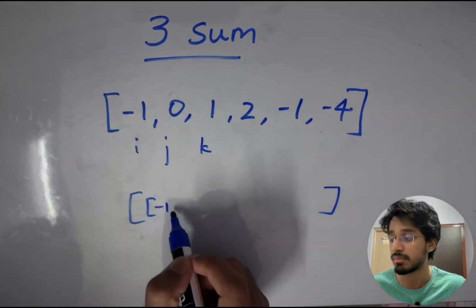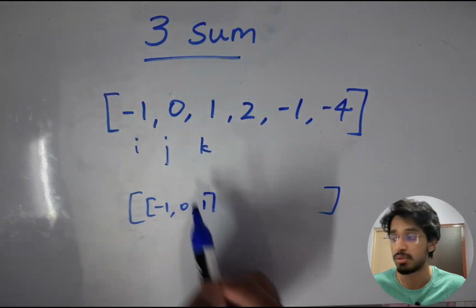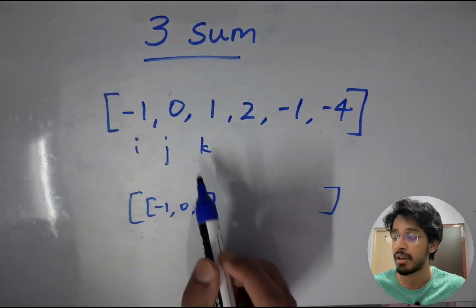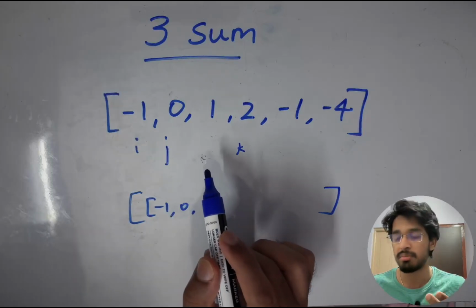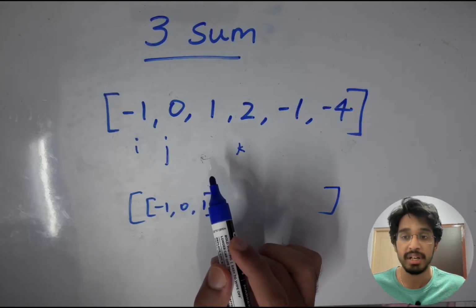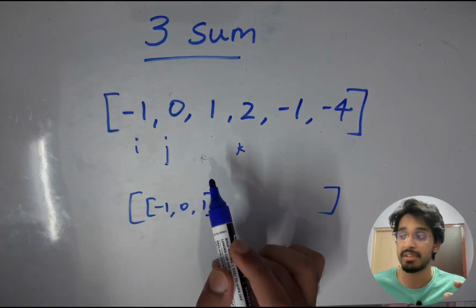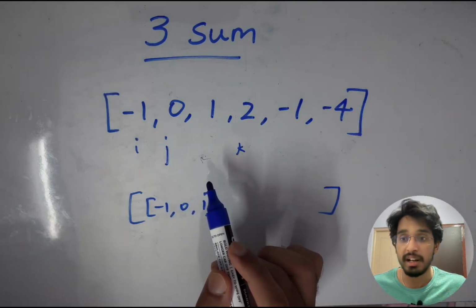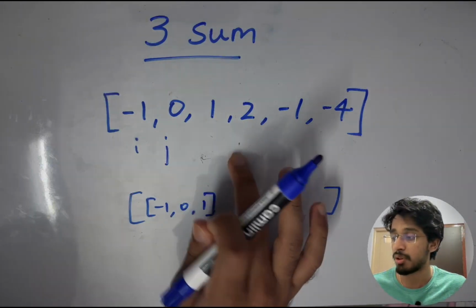So -1, 0 and 1 actually equal 0, so we add that to the results array. We keep doing that, then increment k and do the check again. The problem here is we are recalculating the same thing again and again. That's very bad in terms of performance, because we are even checking combinations that were previously calculated, so we want to avoid this. We just keep on incrementing k.